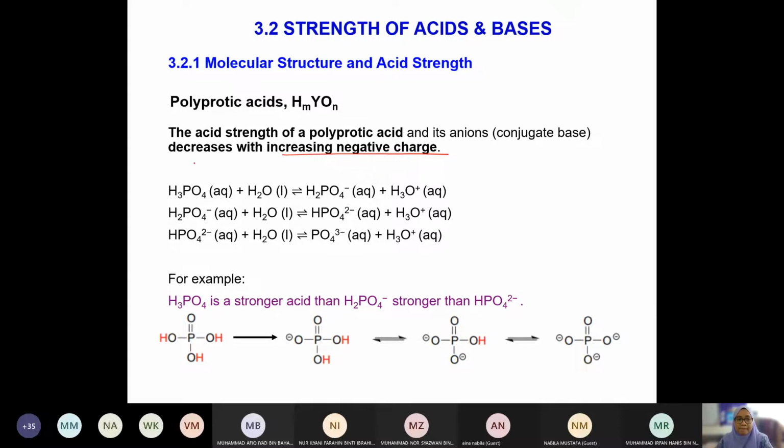So the lower the negative charge, that means the stronger the acid becomes. Decreases with increasing negative charge.